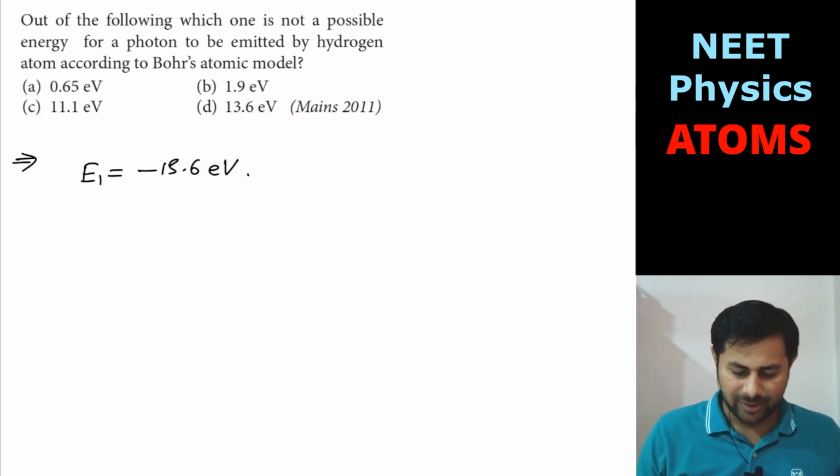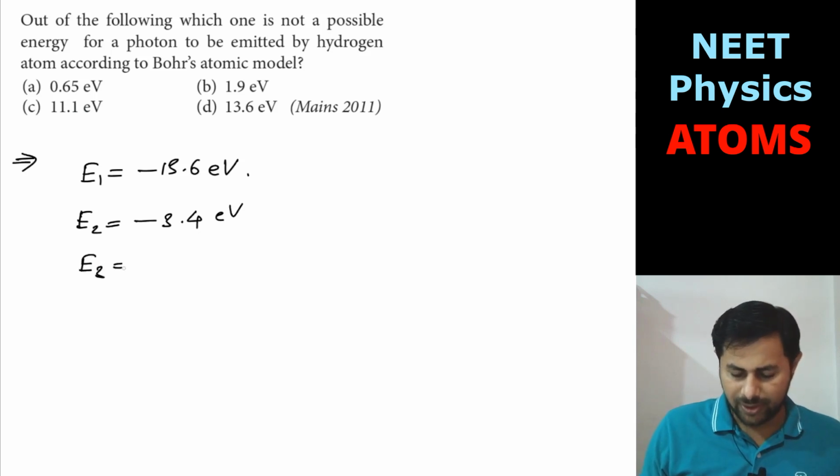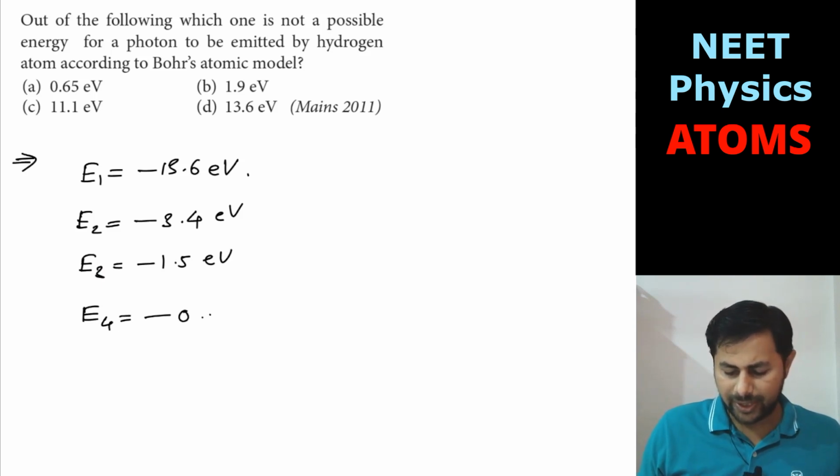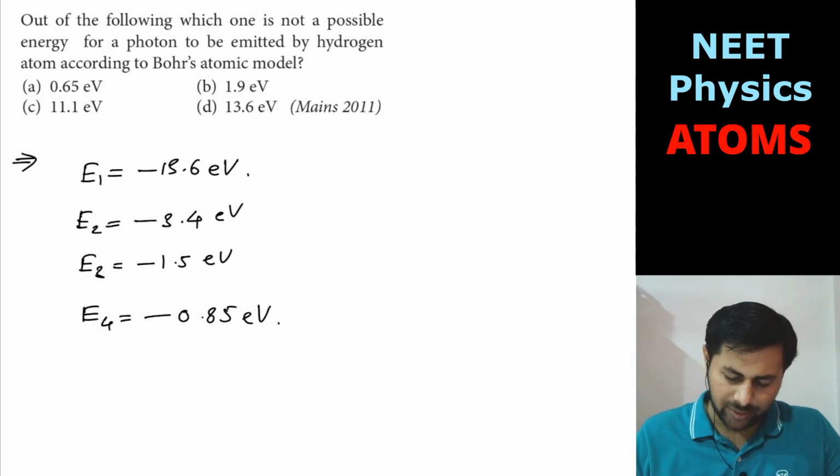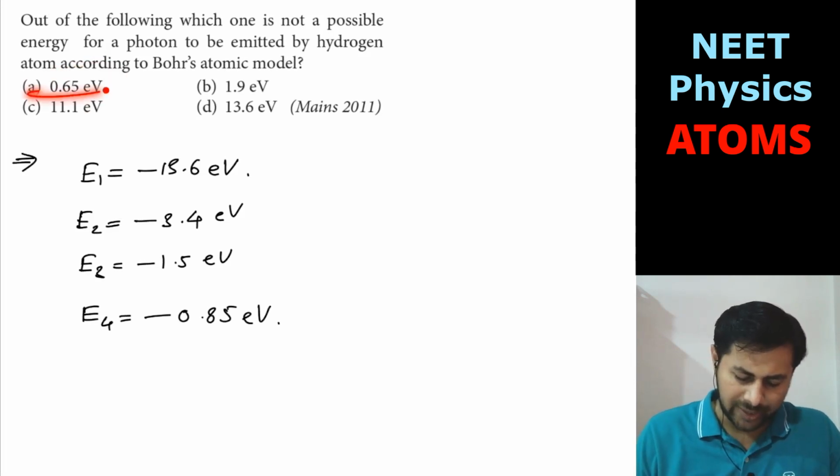Next, we need to check the others. E2 is equal to minus 3.4 electron volts. E3 is equal to minus 1.5 electron volts. E4 is equal to minus 0.85 electron volts. Now take the difference. Is it near these values? Do you get 0.65?